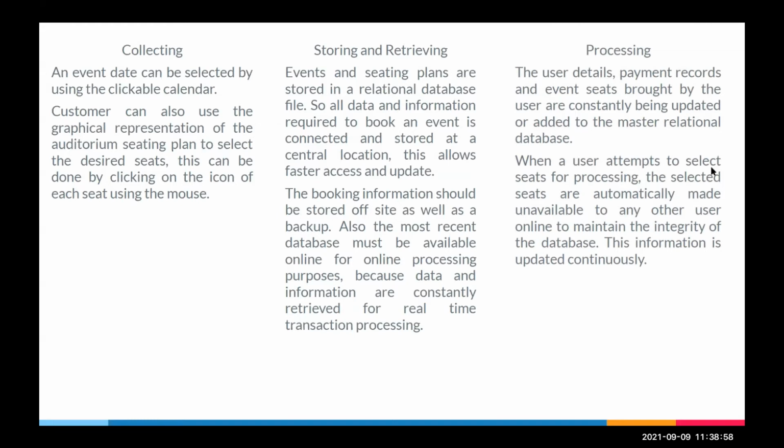When a user attempts to select the seats, the selected seats are automatically made unavailable to any other user online to maintain the integrity of the database. This information is updated continuously. So I'm talking about altering what? The master file, the database. The master relational database. That's why I made it clear it is processing.